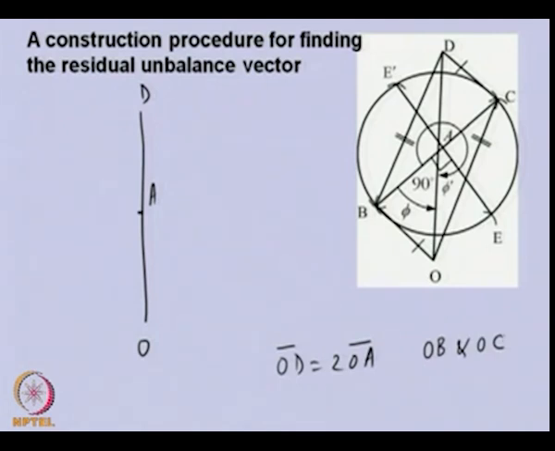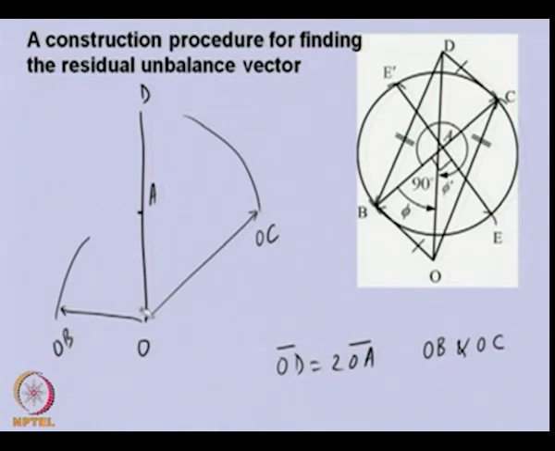We will take these two and, keeping O as center, cut two arcs. Let us say this is OB, and another arc with the same center, let us say this is OC. We don't know the positions of B and C, but we know they will lie on these arcs somewhere.